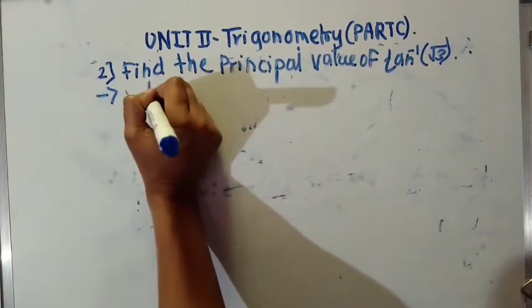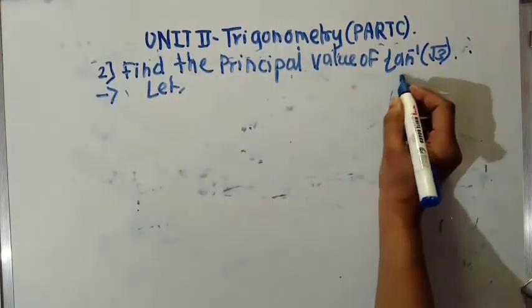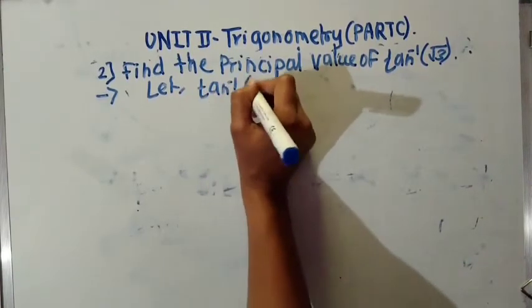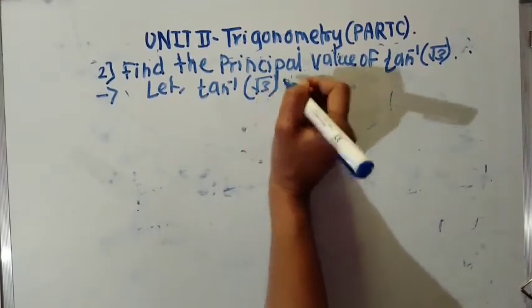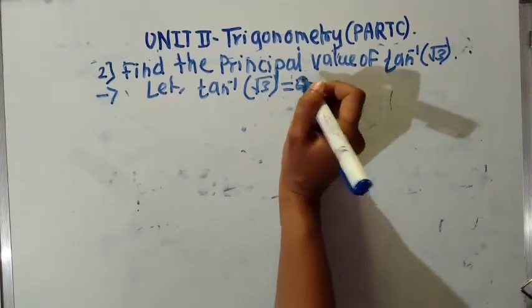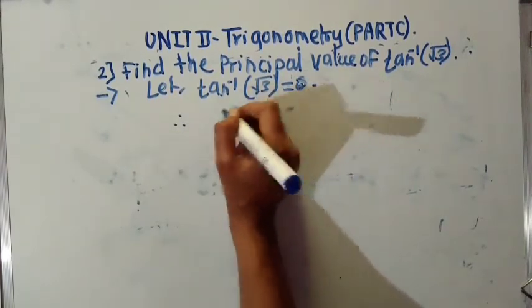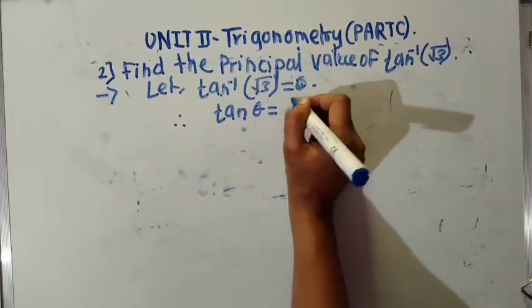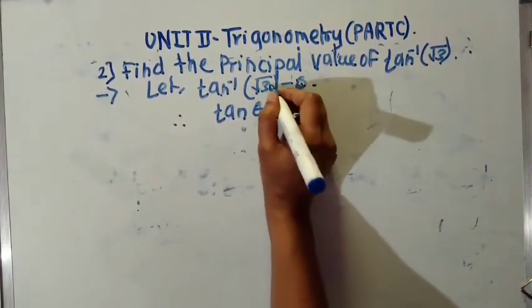So let's consider tan inverse of root 3 is equal to theta. Hence tan theta is equal to root 3.